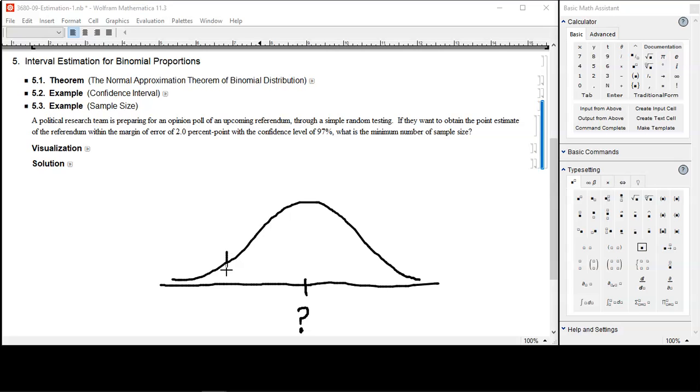Okay, let's continue. We want 97% in the middle, so 97% in the middle here.